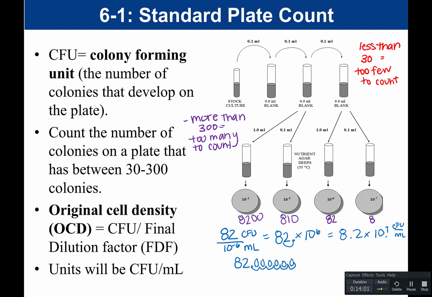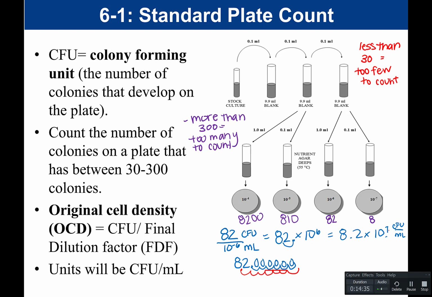So that number is going to be 82 million. Now, if I need to make it 8.2, notice what has to happen. My decimal point is going to be 1, 2, 3, 4, 5, 6, 7. So that's why it's 8.2 times 10 to the 7 CFUs per milliliter.